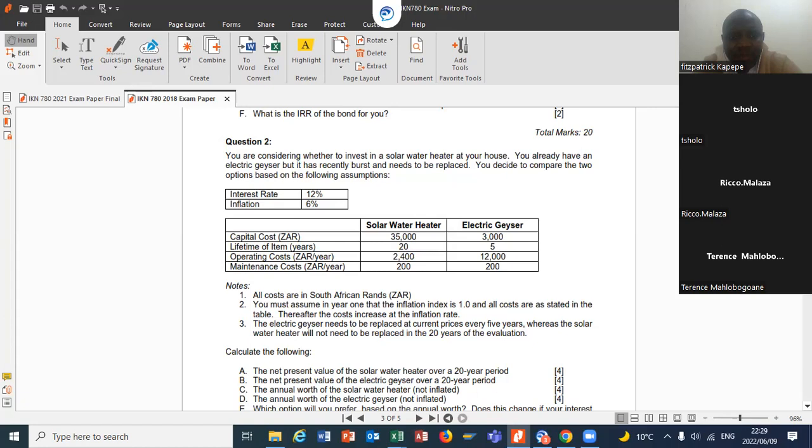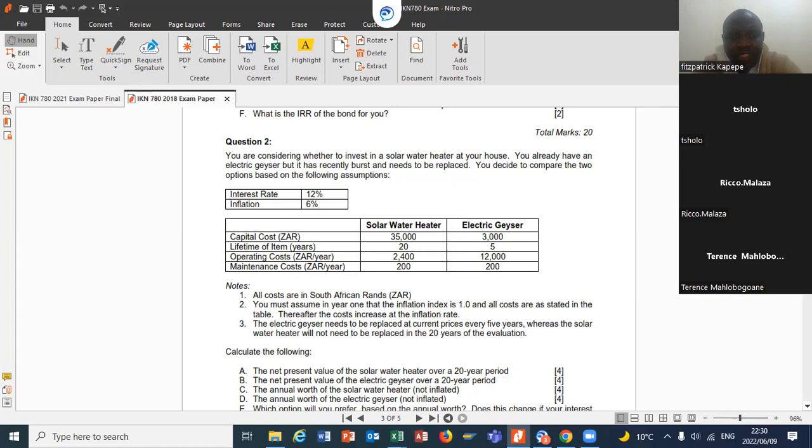Lifetime of item, 20 years for solar water, the other one is 5. Operating costs, 24 for electric geyser, 12,000. This is per year. Maintenance cost, 200. All costs are in South African rands. You must assume in year 1 that the inflation index is 1.